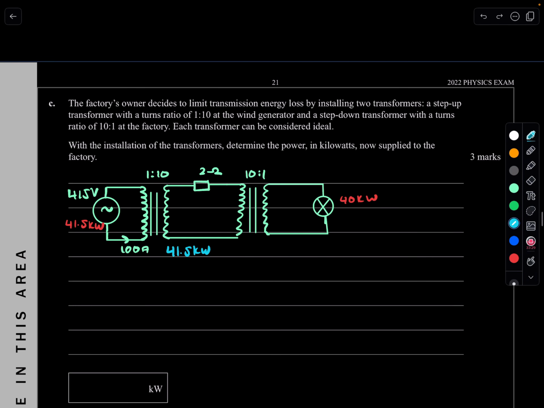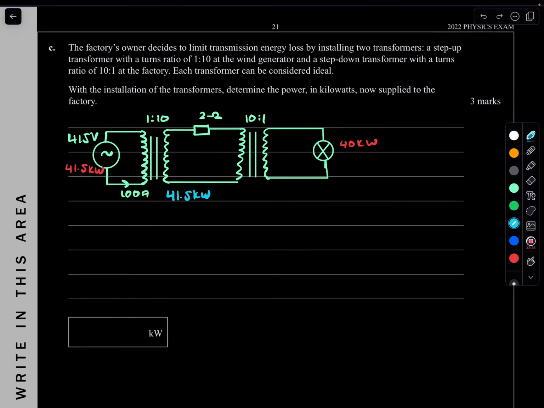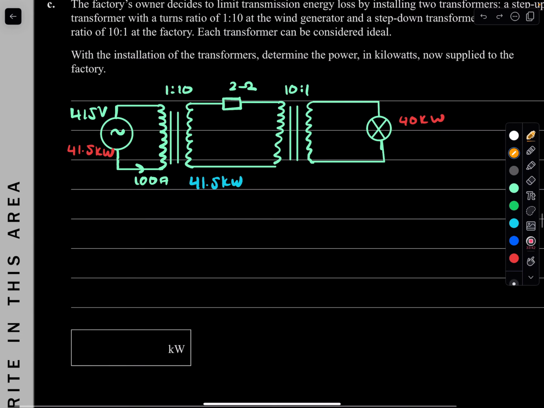The way I would do it is, because we have the current in the primary circuit, let's find it in the secondary circuit. To do that, we know the turns ratio. So it's going to be NP over NS equal to IS over IP, your current.